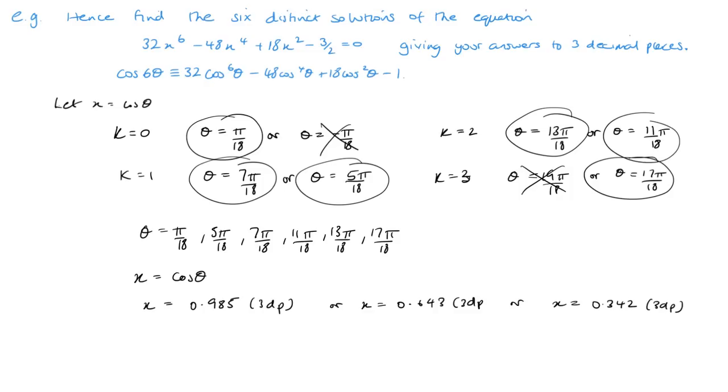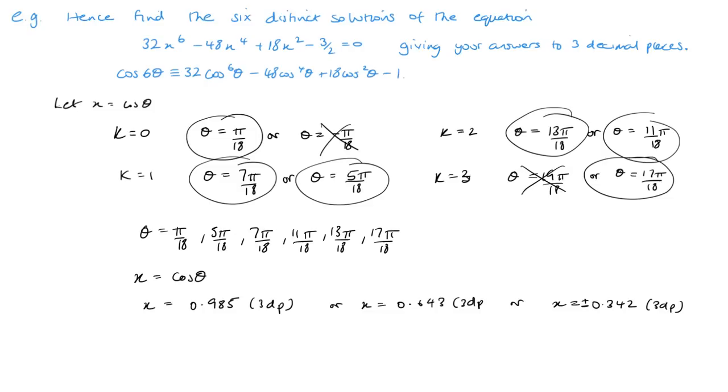Now going into the 11 pi by 18, so cos of 11 pi by 18 is minus 0.342, so this one becomes plus or minus.